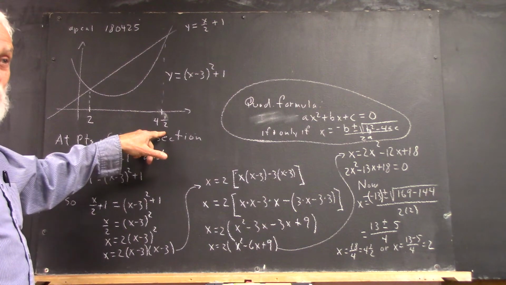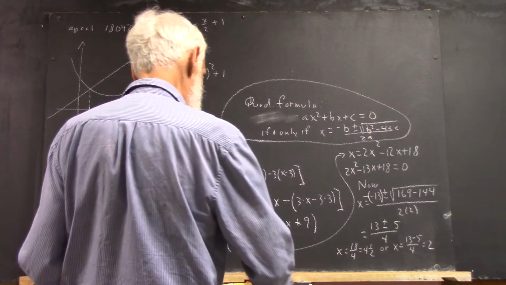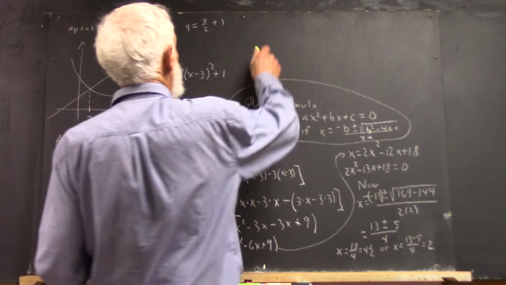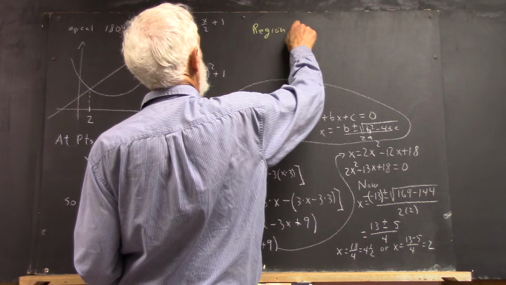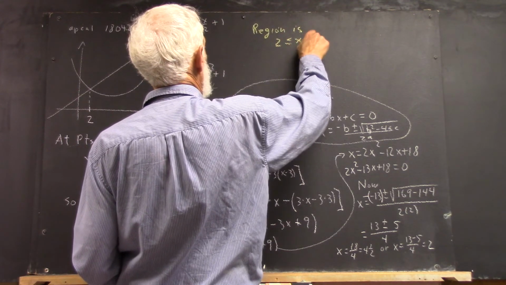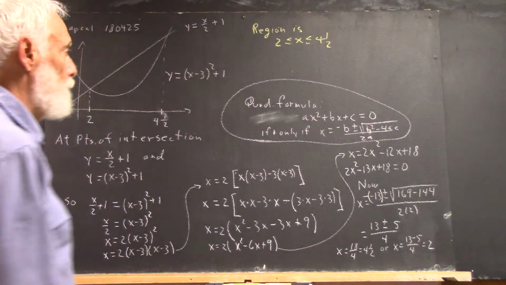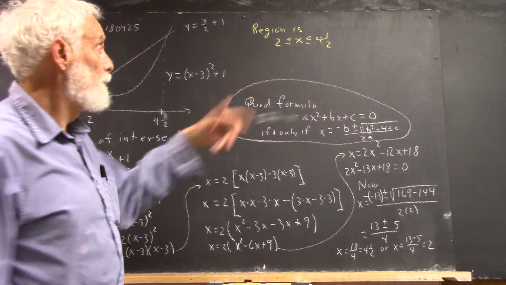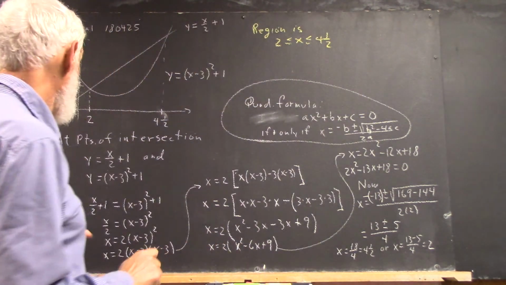So we got from 2 to 4.5, right? So now the region: x goes from 2 to 4.5, or x goes from 2 to 9/2, depending on how you choose to represent this.